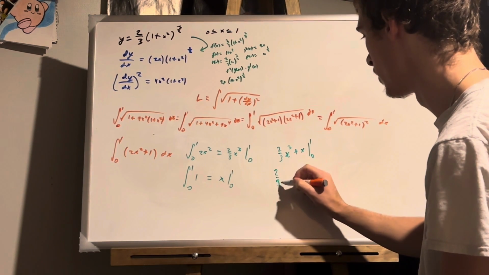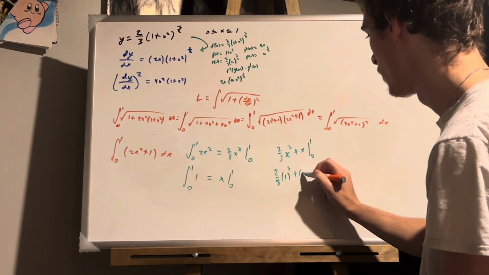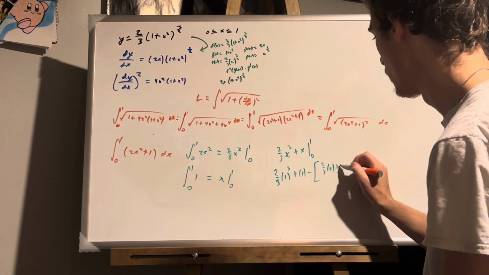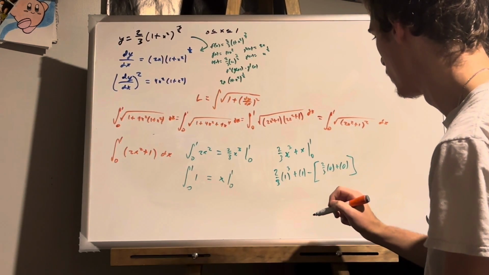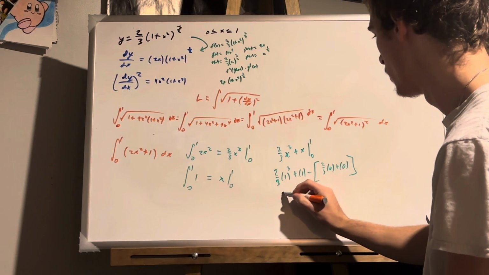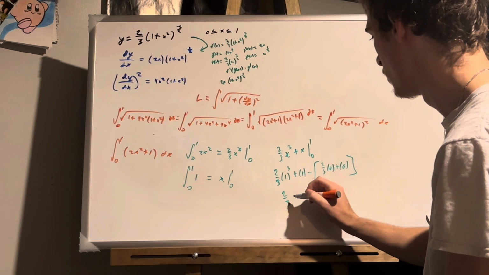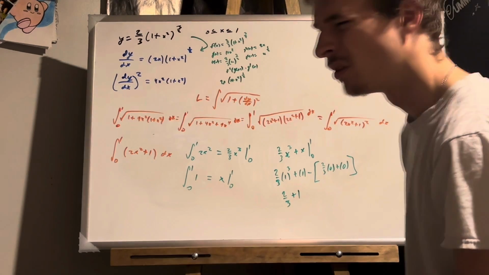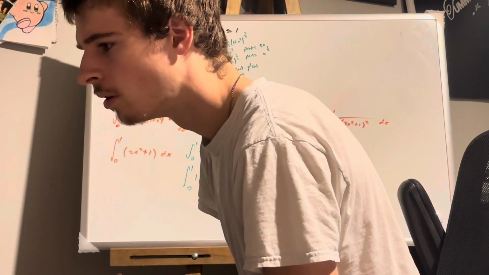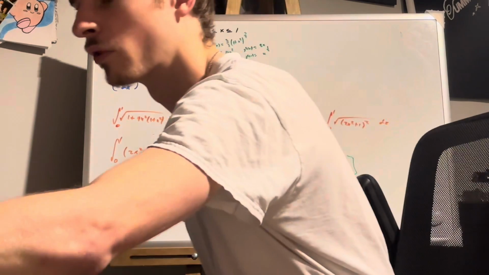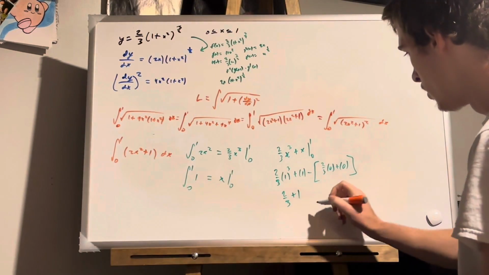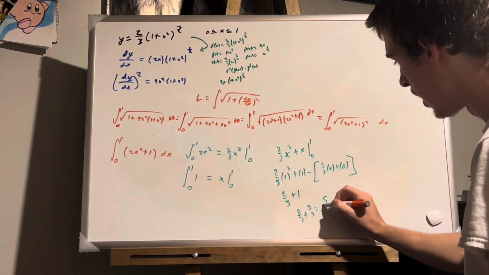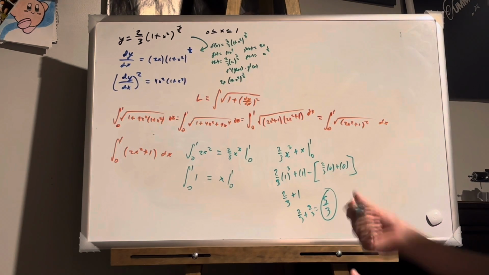Sorry, so that's going to look like this. Okay, 2 over 3 plus 1 is 5 over 3. Boom.